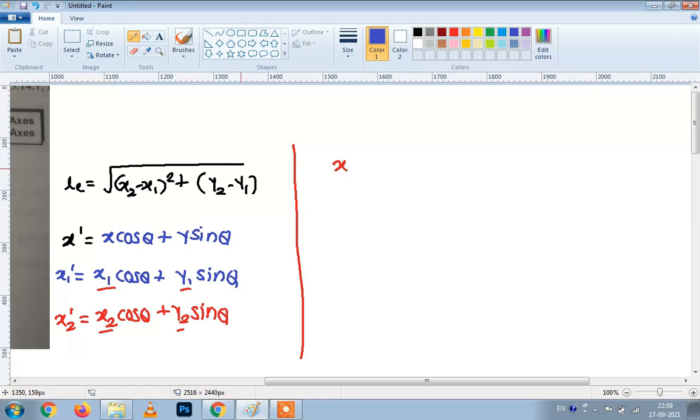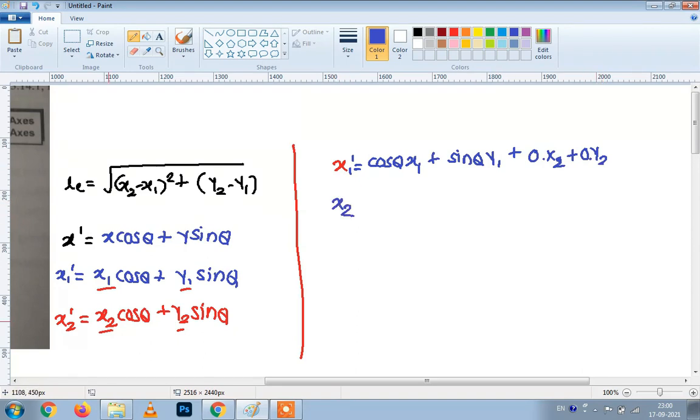So x1 dash is equal to, here I am taking the cos theta term and changing the position, cos theta x1 plus sin theta y1. Now in this first equation there is no term for x2 and y2, so I am writing here 0 x2 plus 0 y2.